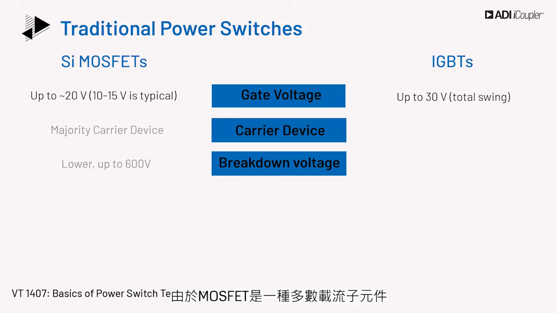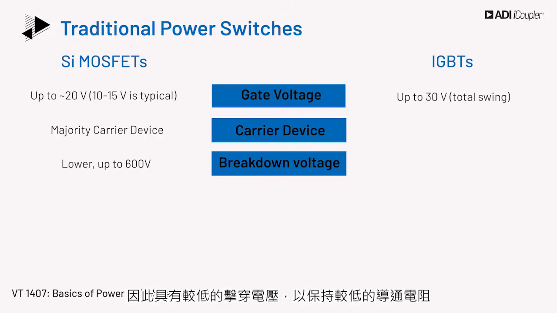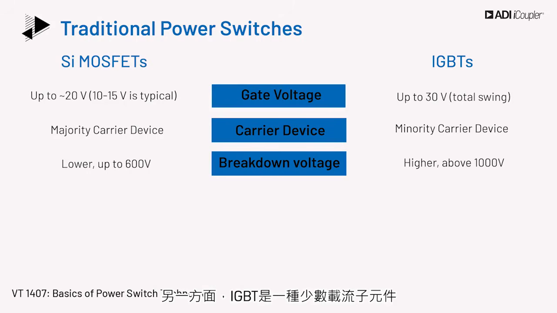Due to MOSFET being a majority carrier device, it has a lower breakdown voltage to keep the on-resistance low. On the other hand, IGBT is a minority carrier device, and in high-voltage applications, IGBT is the device of choice because of its higher breakdown voltage.